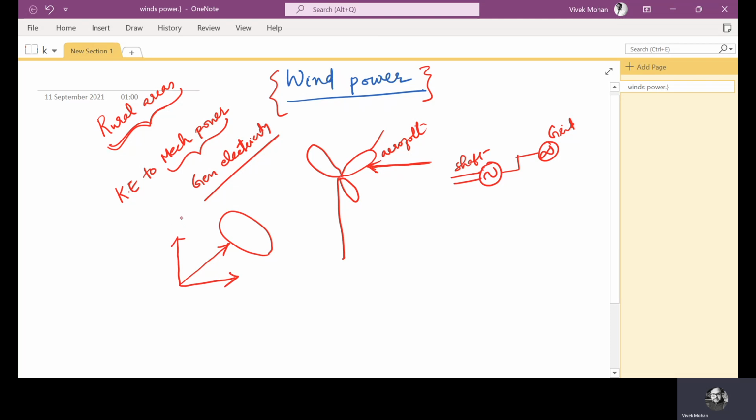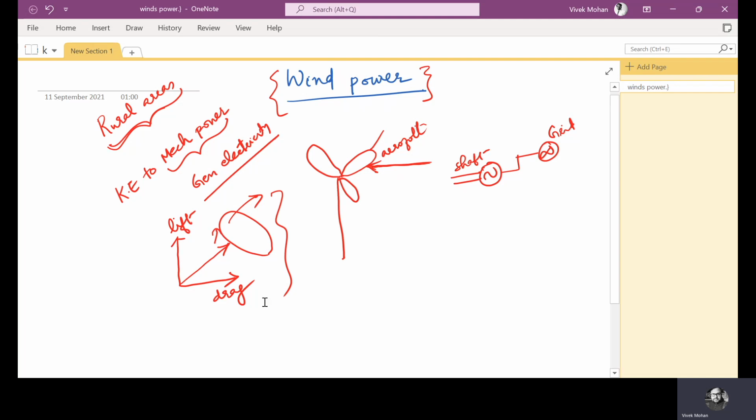This is the lift which lifts the blade and causes the rotation, and the horizontal component is the drag. The drag force will slow down the wind turbine, and the lift force will move the wind turbine. We'll see in detail the aerodynamic side of the wind turbine.